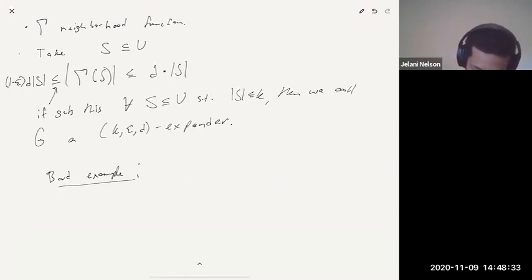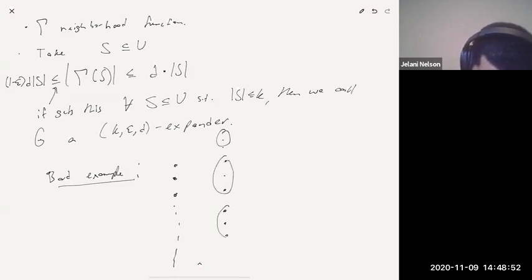Okay, so a very simple bad example is, let me just divide up the right hand vertices V into like 3 groups of size 3, and let's say that each vertex on the left is connected to one guy in each bubble on the right.